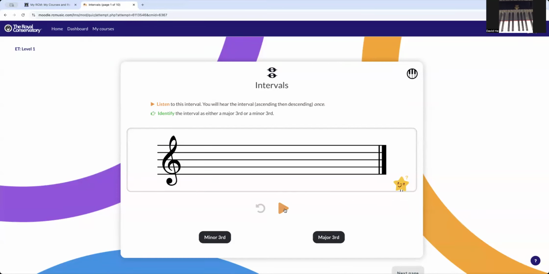Okay, is that major or minor? Answer that with quality and size. Very good. Quality and size. This one is quality and this one is size.